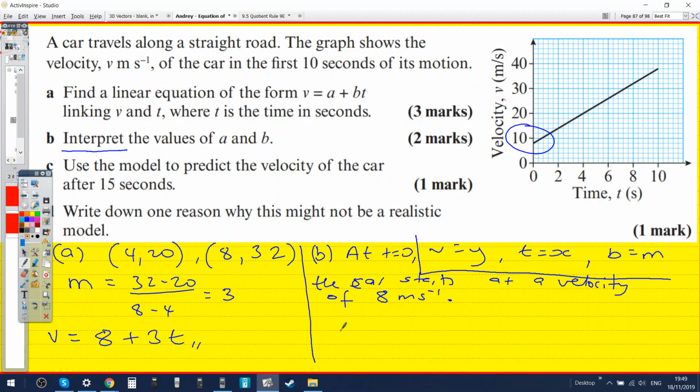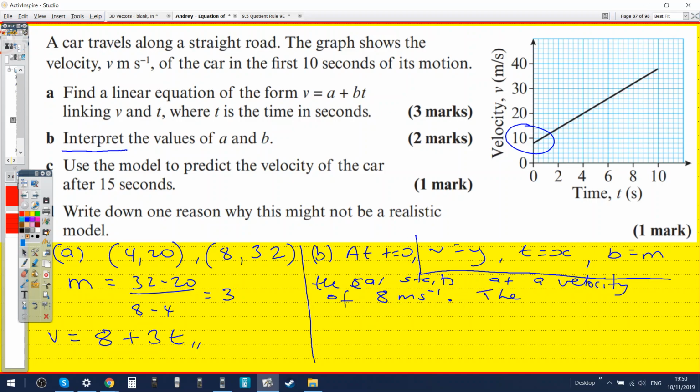I'm not really sure. You said it earlier, acceleration. So b is acceleration. Yeah, so the gradient is the acceleration, and so the car is accelerating at a constant rate of 3 meters per second squared. Okay.